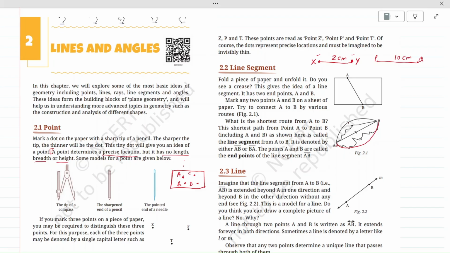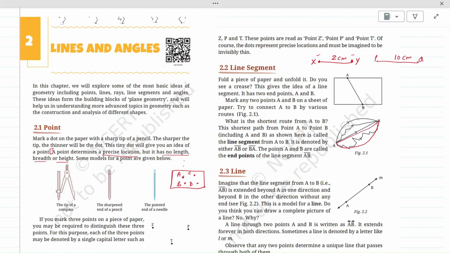So multiple routes, and we can also go directly. Now we are asked, what is the shortest route from A to B? If we are standing on A and we have to go to B, then what is the shortest route here? The shortest possible route is AB, this straight path, the line which has been shown here.